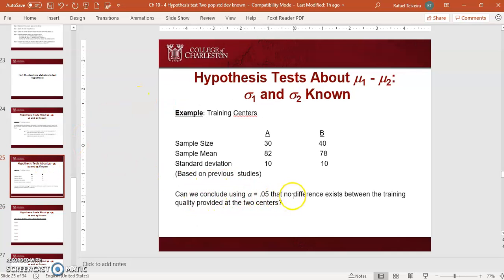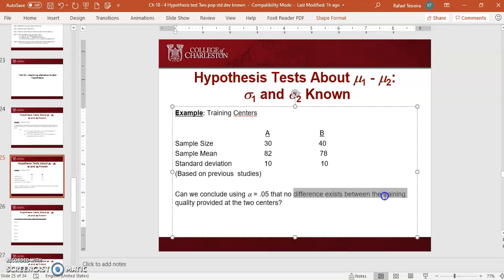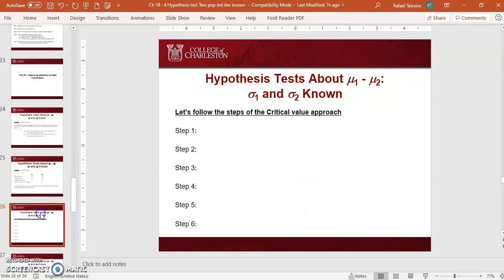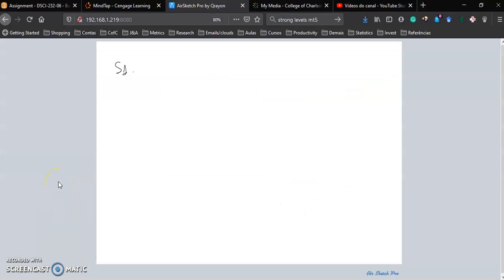Can we conclude that no difference exists between the training quality provided at 2 centers? No difference. So when I go to formulation hypothesis, I have no differences here, which means equal. So mu1 is equal to mu2.